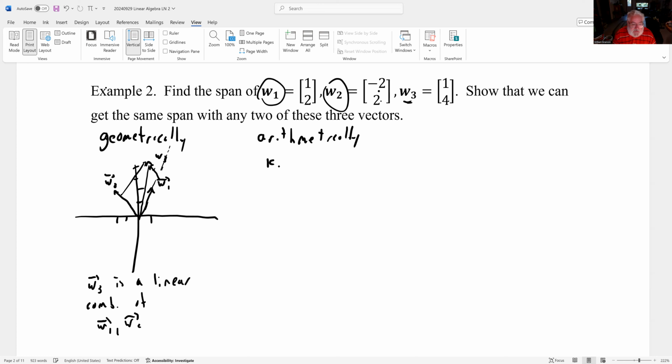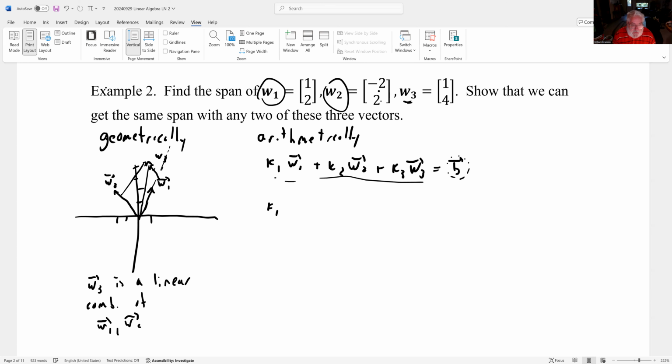So the span is all possible linear combinations of W1, W2, W3. And so we want to know what kind of vectors can I write of that form?